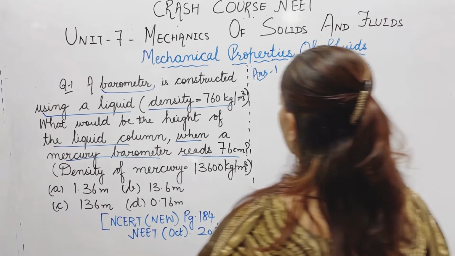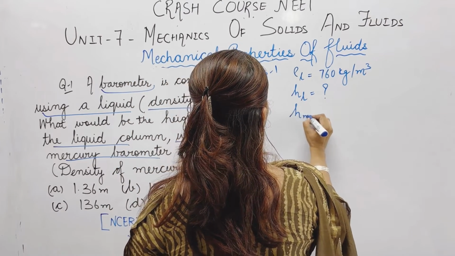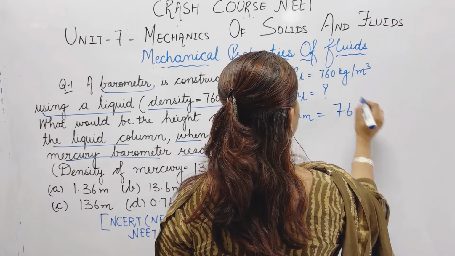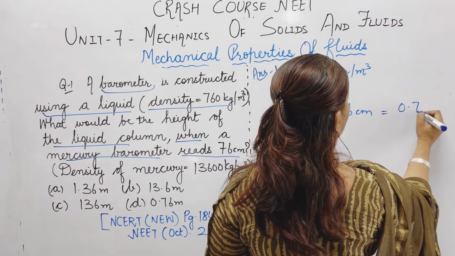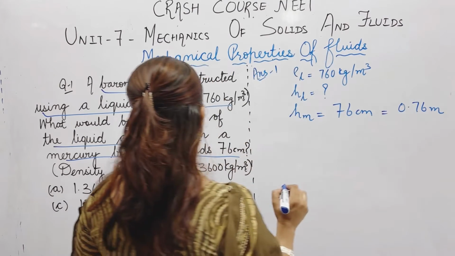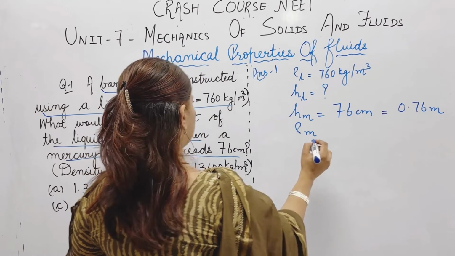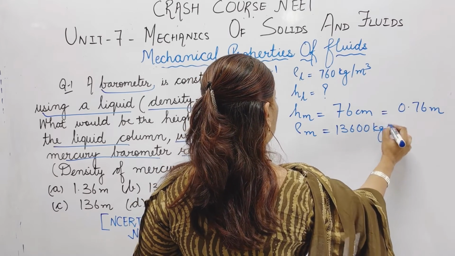When a mercury barometer reads 76 centimeter, the height of the mercury column is 76 centimeters. Since the density is in kg per meter cube, let us take it in meters. And the density of mercury is given to us as 13600 kg per meter cube.